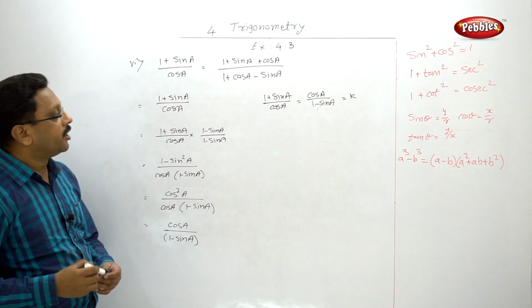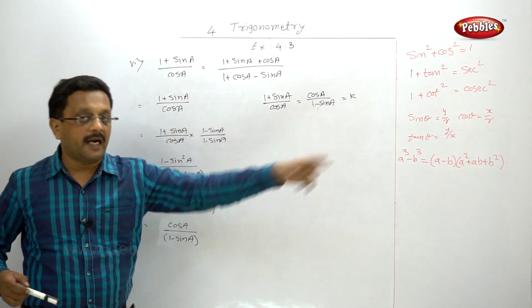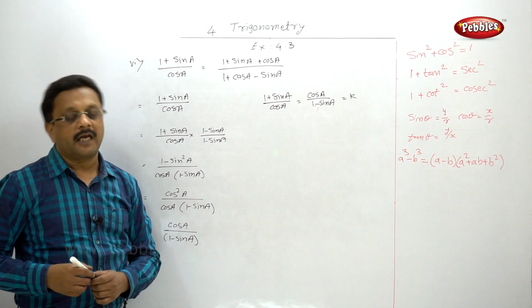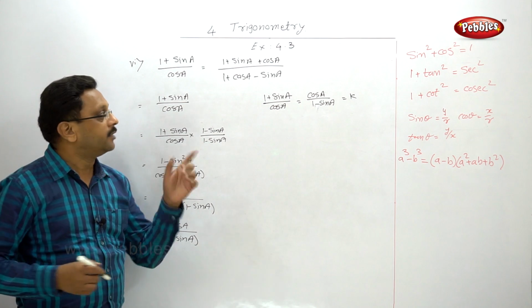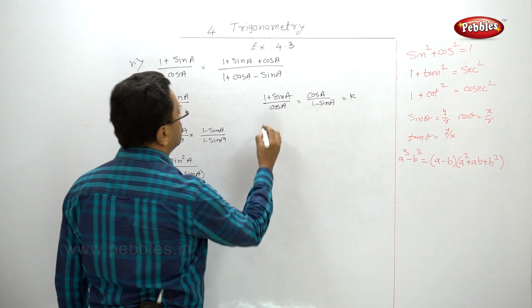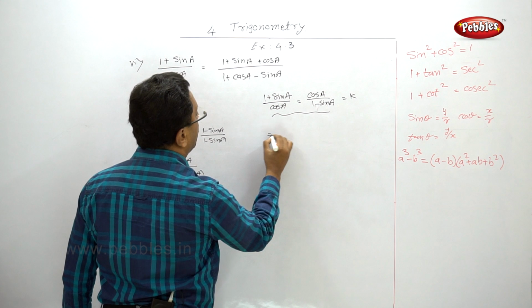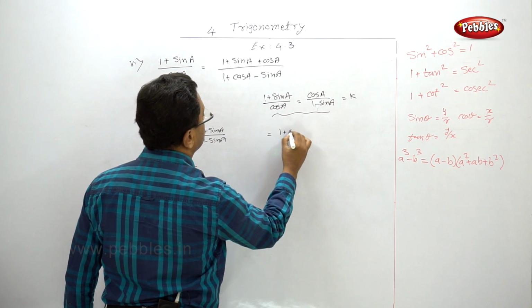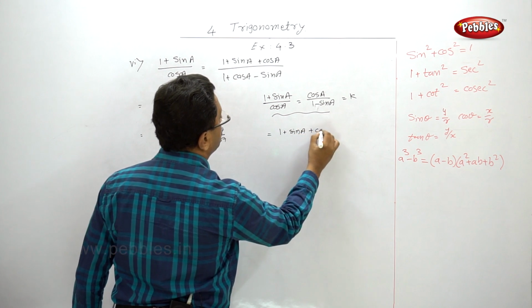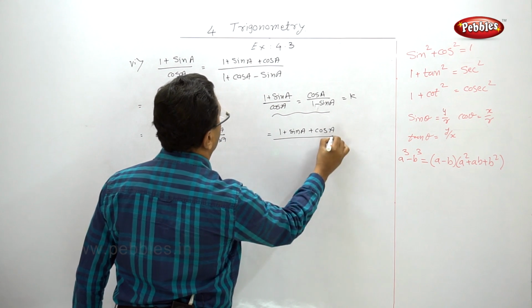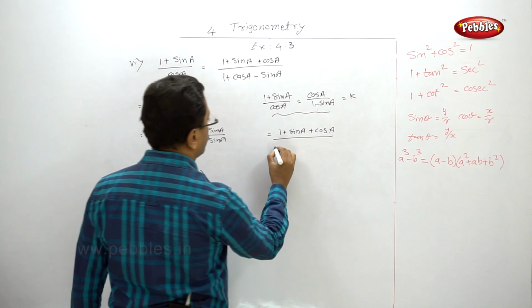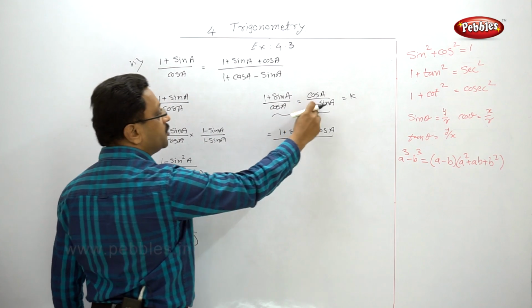Now by the theorem on equal ratios, we can add them, correct? That will also be equal to k. And so if you add these two, we have (1 plus sin A plus cos A) upon cos A plus 1 minus sin A.